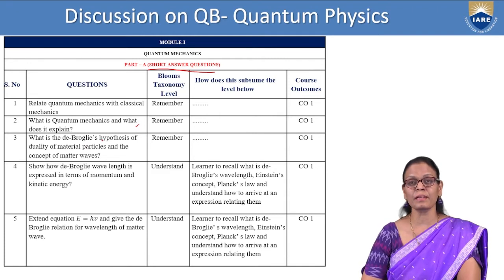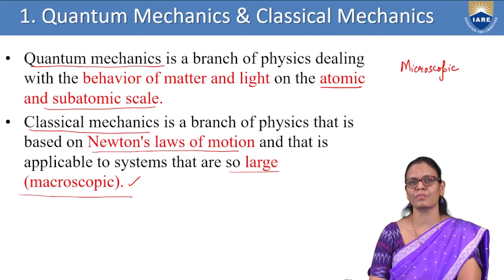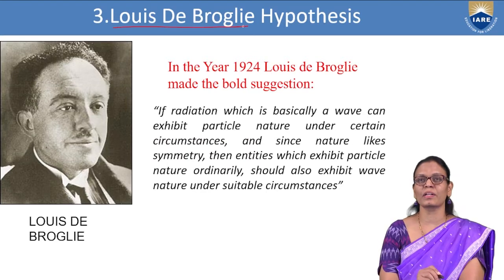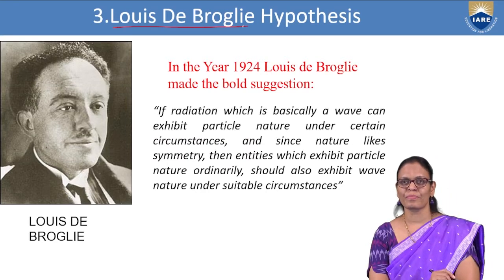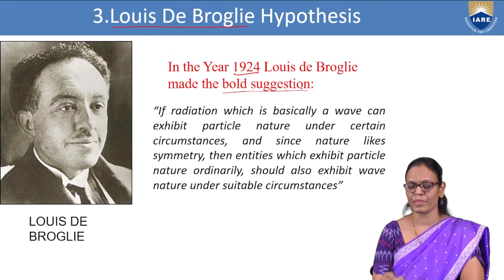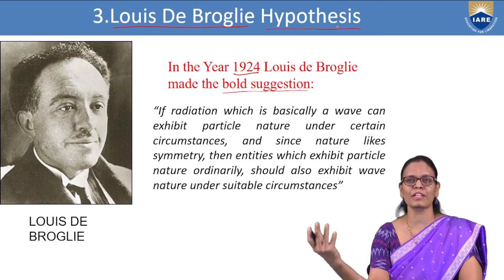Next, what is de Broglie hypothesis of duality of material particles and the concept of matter waves? Louis de Broglie is the name of the scientist. In the year 1924, he made a very bold suggestion. That is why we call it a hypothesis. There was no experimental evidence.